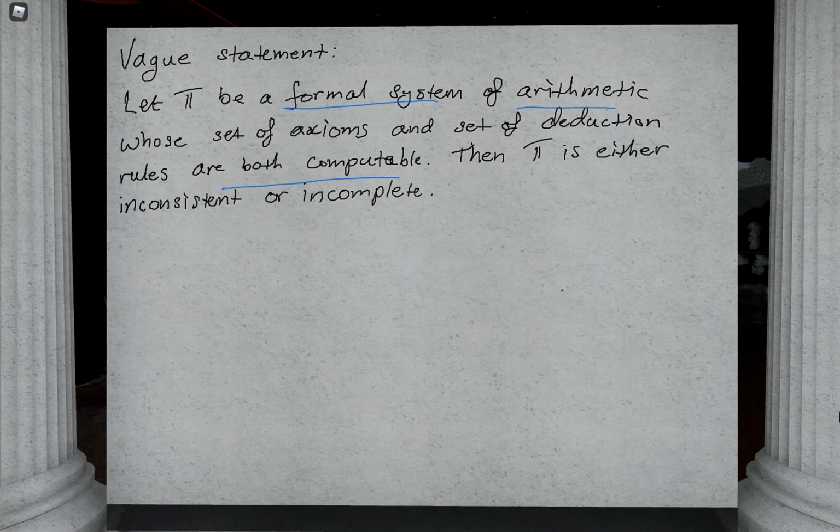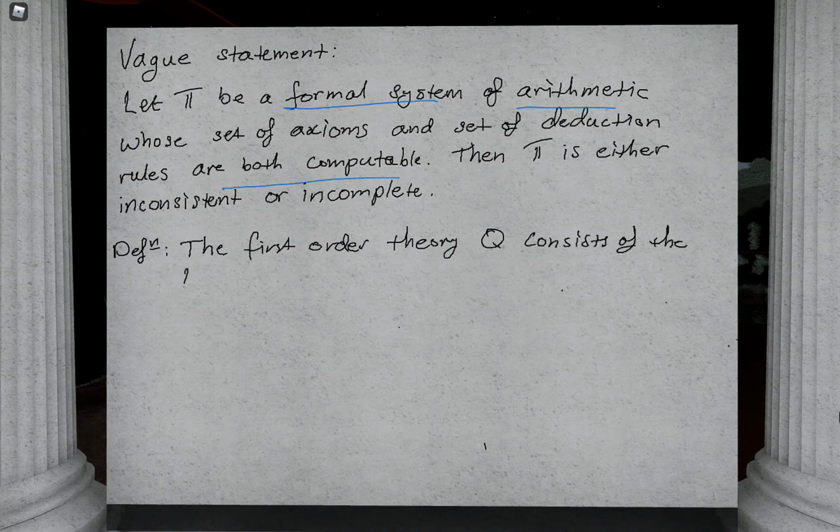To get started, let me draw out the exact first order language that we are going to be using. Okay, so this is a proper definition now. We define the first order theory, which I'm going to be labeling Q, and it consists of the following aspects of the language, followed by the axioms which will define the theory.